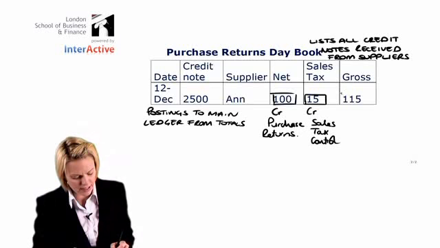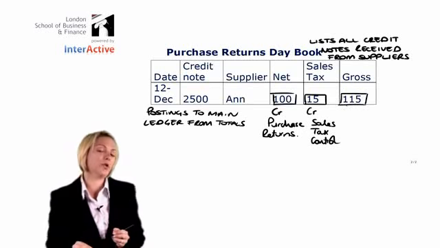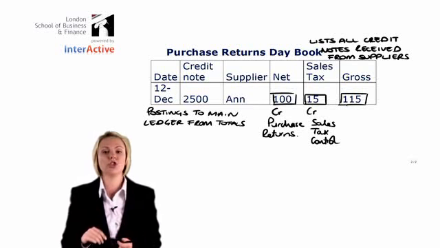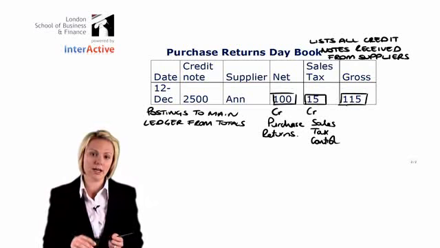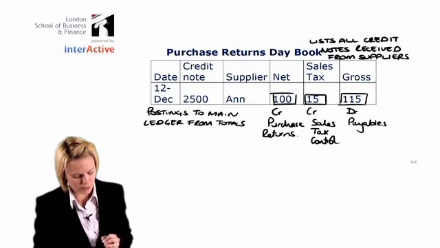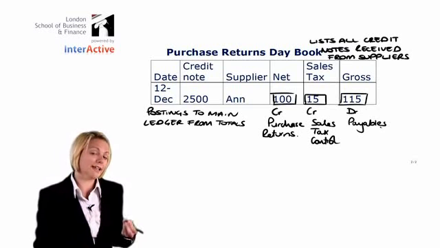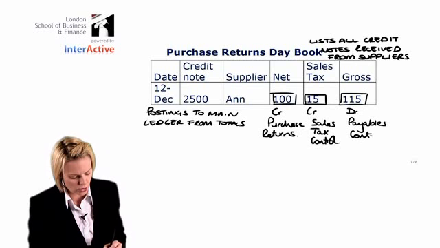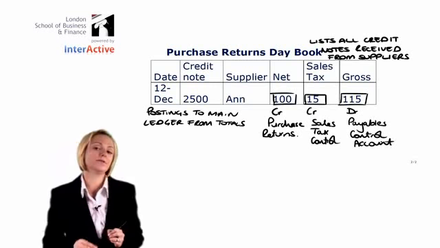Now, the gross amount then, we don't have to pay that money to the supplier anymore. That's what a credit note is for. That's going to reduce our liability of payables. So we're going to debit and reduce payables. But remember now, in the main ledger, we call trade payables, payables control account.